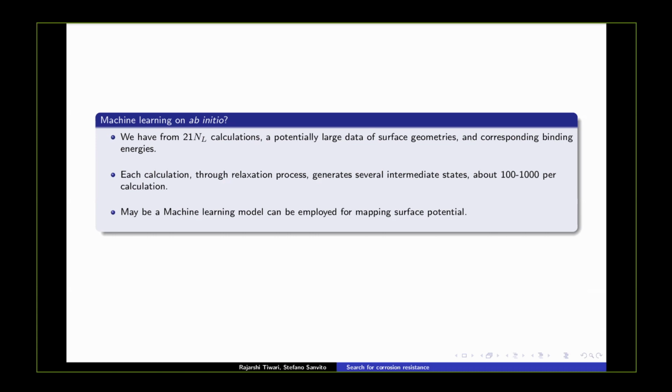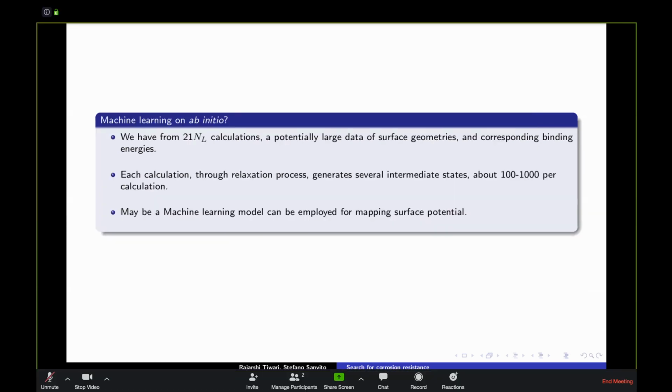I mean, just a couple of months ago, before the coronavirus pandemic came up, we were discussing potentially exploiting the data that we have generated through our ab initio work for a machine learning model that one can employ to map the surface potential to find the optimal reactive sites.